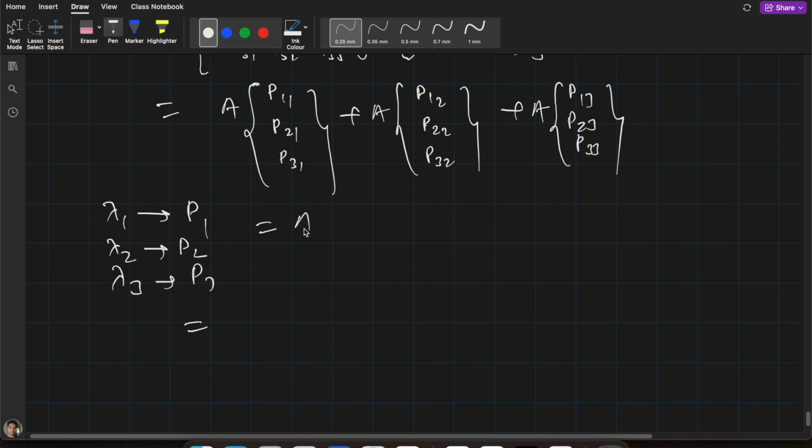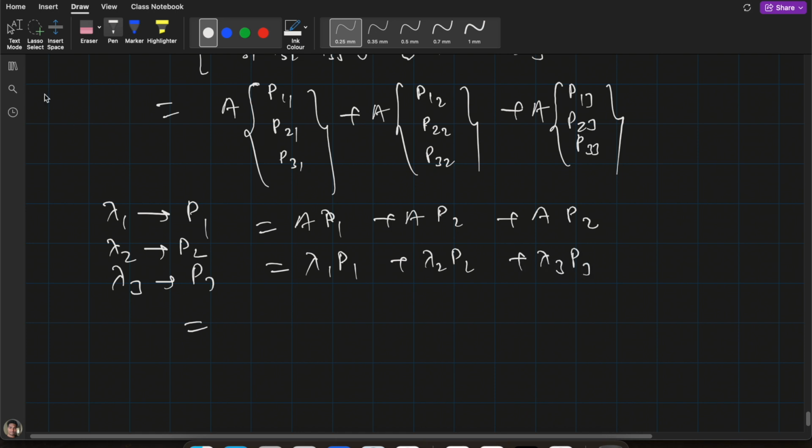This is nothing but what? A times p1, right? This one is A times p2. This one is A times p3. And A times p1 means lambda 1 times p1. This one is lambda 2 times p2. This one is lambda 3 times p3, right? Can you write it?